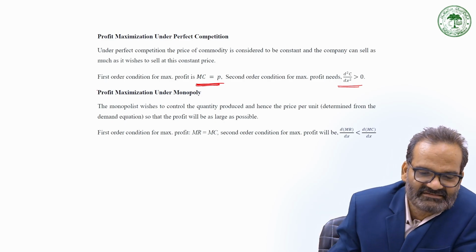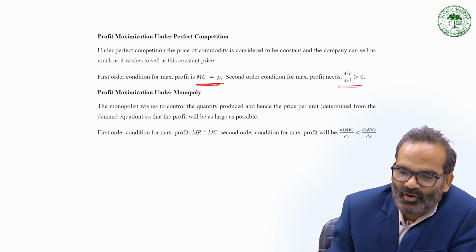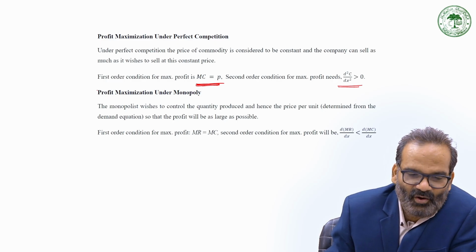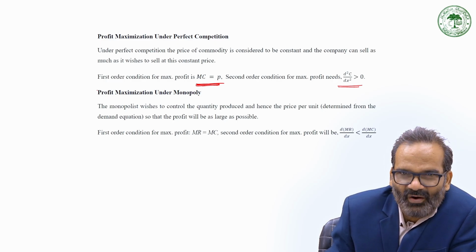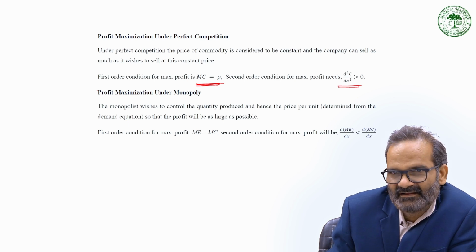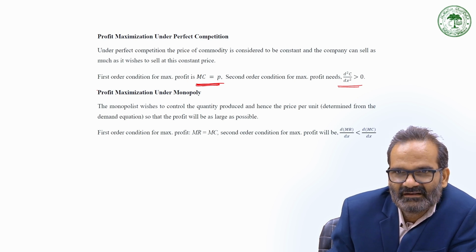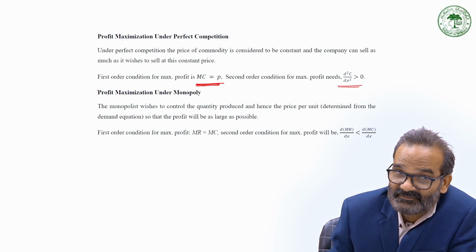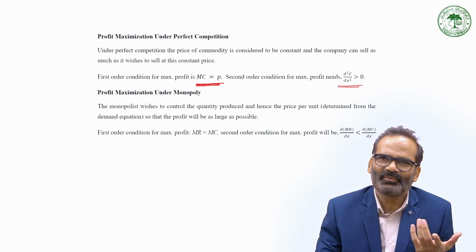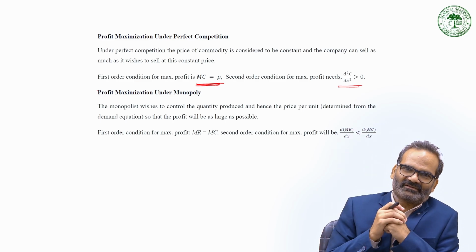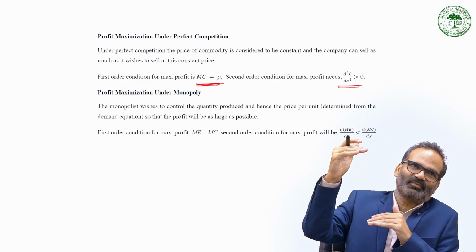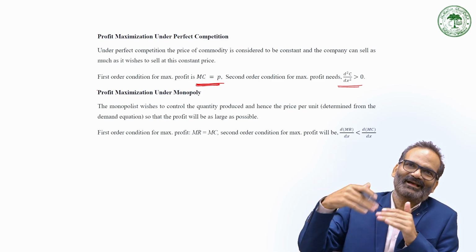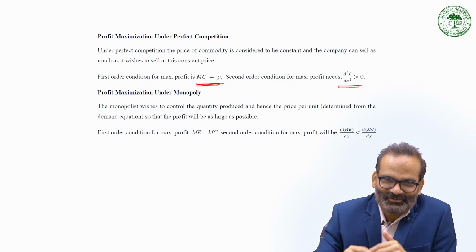And see what happens under monopoly. Under monopoly, the monopolist wishes to control the quantity produced, and hence the price per unit is determined from the demand function so that the profit will be as large as possible. I have told you, under monopoly, what is the objective of the producer? He always maximizes his profit up to its maximum extent. So in this case, the prices are being determined by the producer itself.